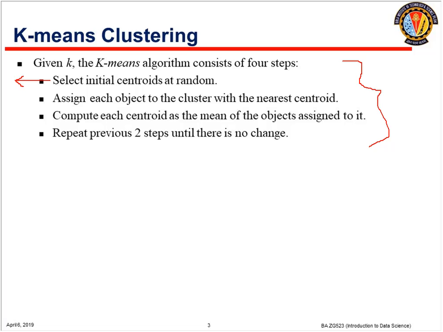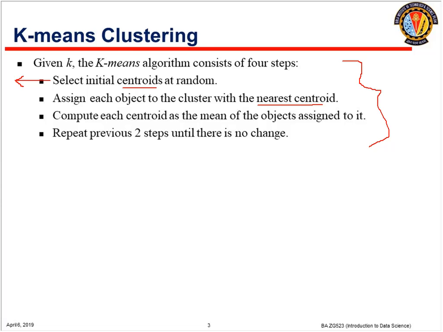We'll look into multidimensional data also, don't worry about that. Okay, so assign each object to the cluster with the nearest centroid. Once you have selected the k centroids, each example will be assigned.